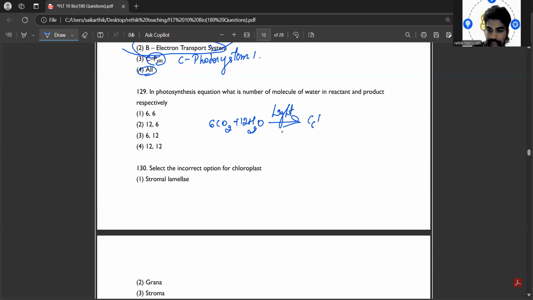So you'll get C6H12O6 and H2O plus O2. So in the photosynthetic equation, the number of molecules of water in the reactant will be 12 and the product will be 6. So second one.